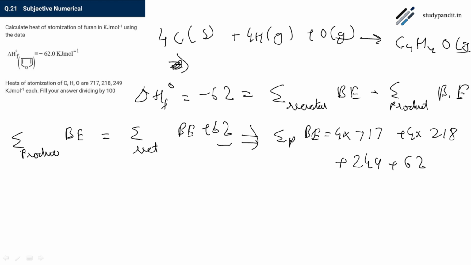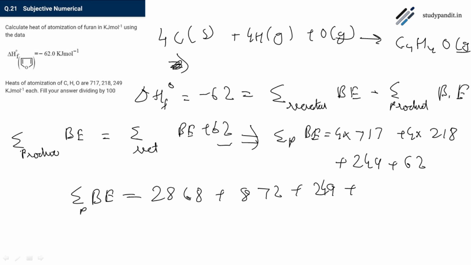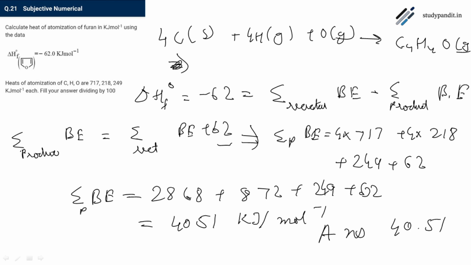Solving this, sigma product bonding energy is equal to 2868 plus 872 plus 249 plus 62. This will give 4051 kilojoule per mole. We have to report the answer dividing by 100. So the answer is 40.51.